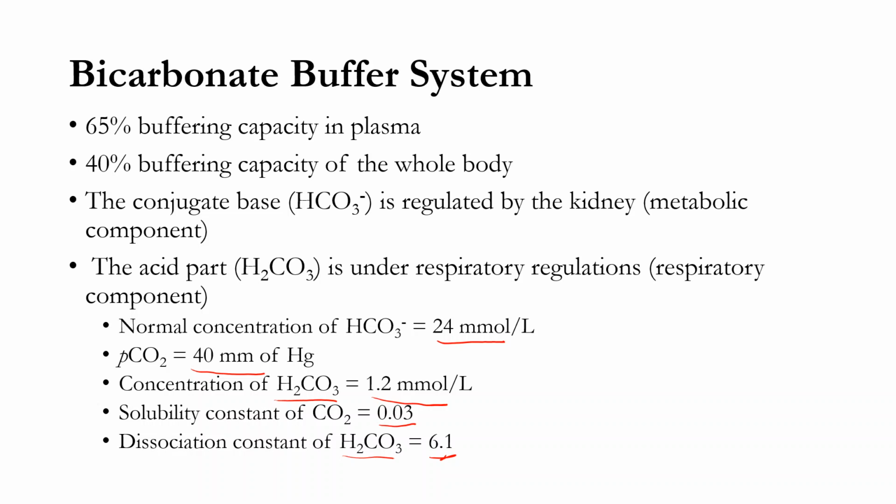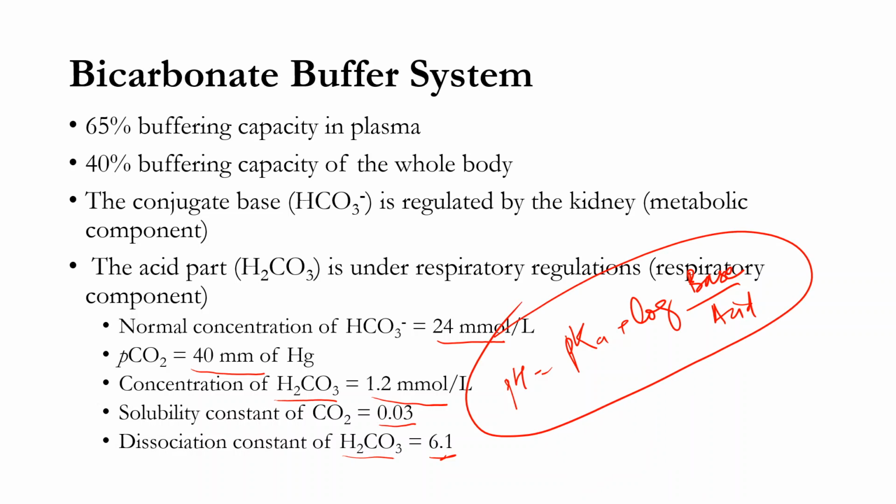As we know, the pH of a solution we can calculate as pKa plus log base divided by acid. This is the Henderson-Hasselbalch equation. We had discussed it already in the previous slide. So how will the pH be calculated here? This is the concentration of the base and this is the concentration of the acid, and this is the dissociation constant.